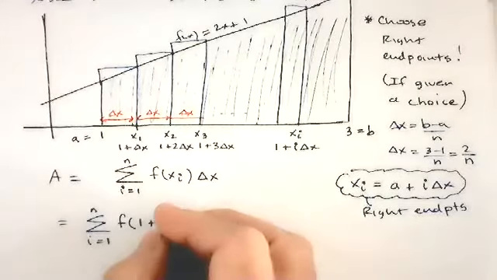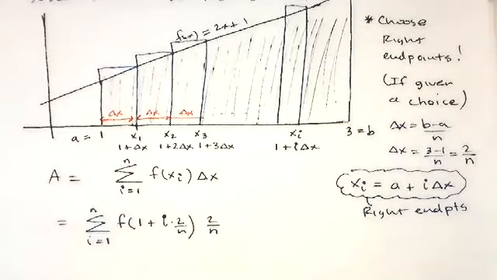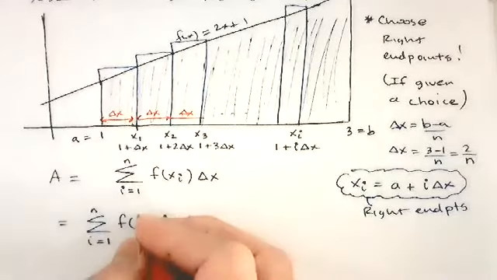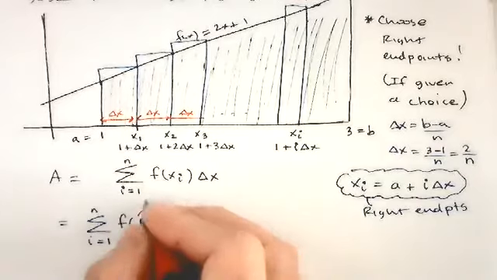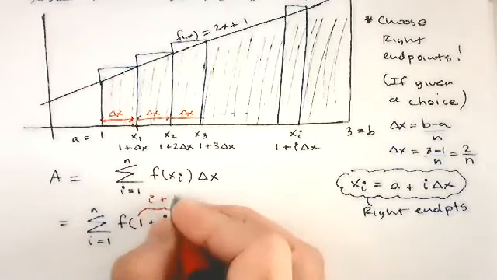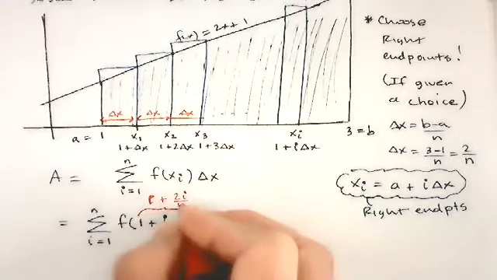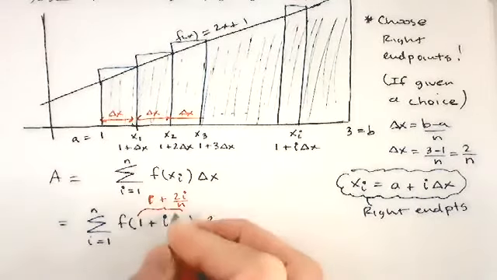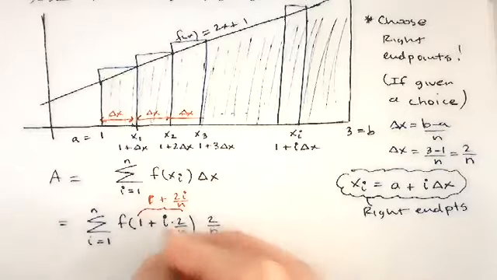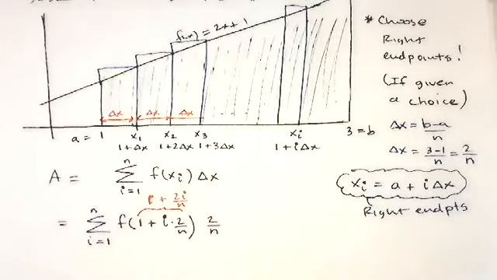And if it's okay with you, isn't this the same as 1 plus 2i over n? Can I just call it that because it looks a little better? 1 plus 2i over n is the same as 1 plus i times 2 over n.